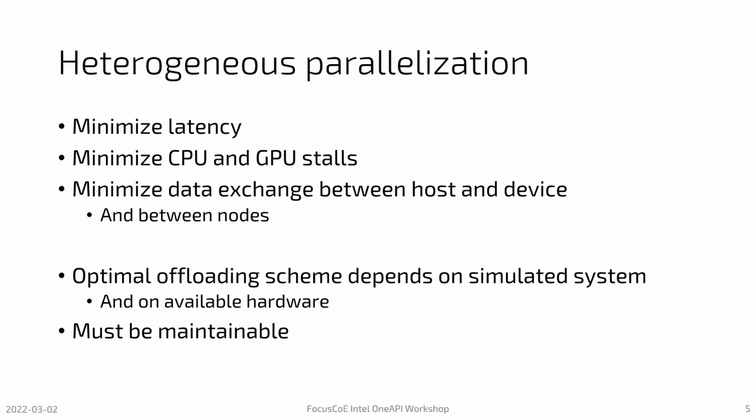Whether we are simulating 10,000 atoms, it might be faster, 1,000 atoms might be faster on CPU to avoid hitting the data exchange bottleneck. If we are running a huge system, probably we will benefit from using multiple GPUs.